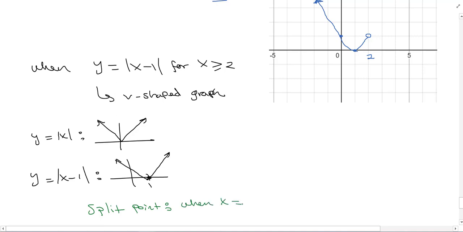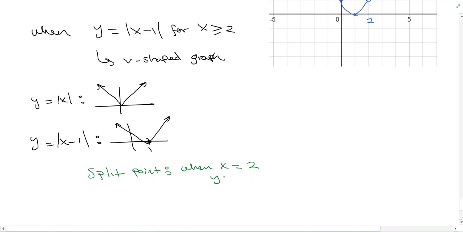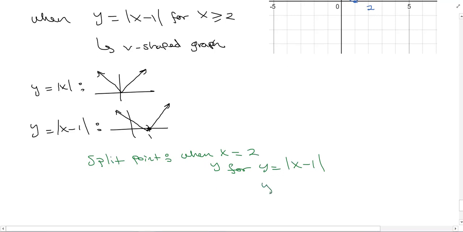So we're going to find our split point when x equals 2. So when x is 2, what is y equal to for y equals the absolute value of x minus 1? y equals the absolute value of 2 minus 1, which is just the absolute value of 1, which is 1. And so our split point for this graph is going to be here at 2.